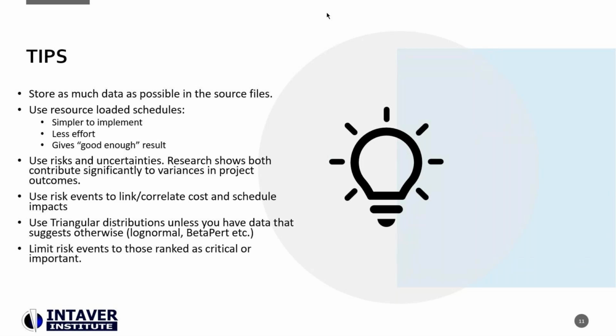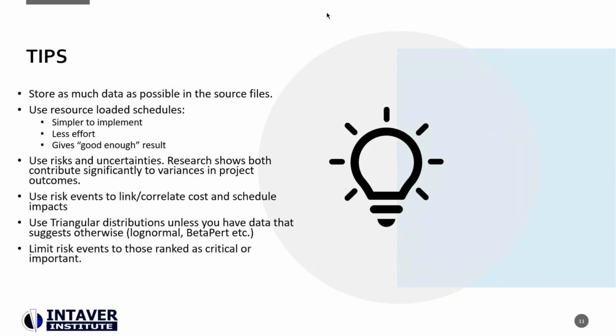And finally, when you're using your risk register for quantitative risk analysis, which is what we're doing here, limit your risk events to those that are ranked as critical or important in your risk register.